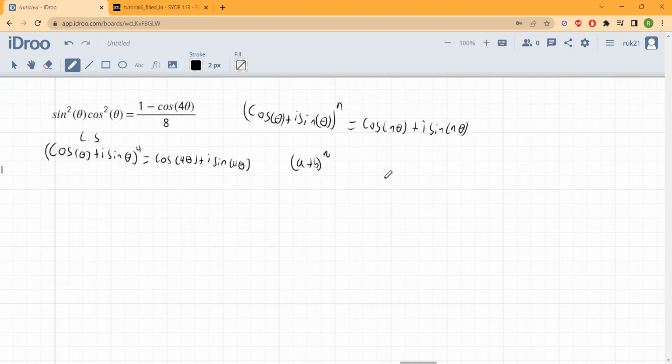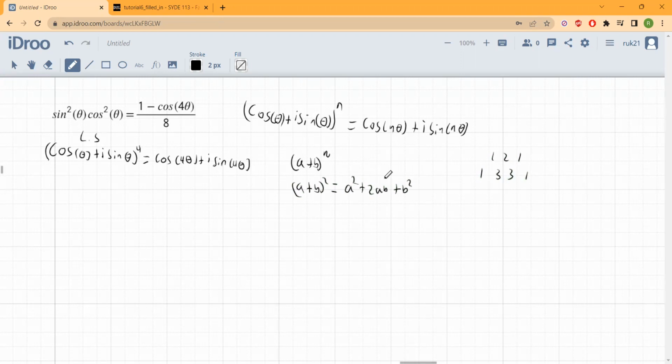So what does that mean? If n is equal to 2, the coefficients turn out to be 1, 2, 1, and we see that, right? a plus b squared is equal to a squared plus 2ab plus b squared. If we have a plus b to the power of 3, the coefficients are 1, 3, 3, 1.